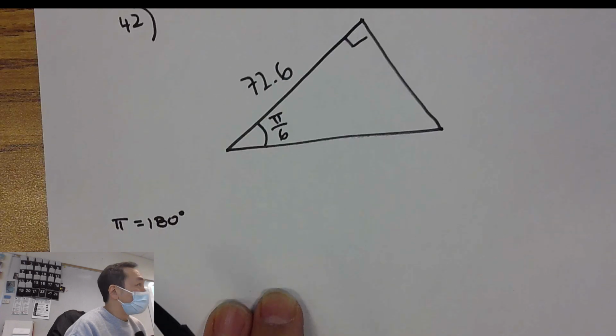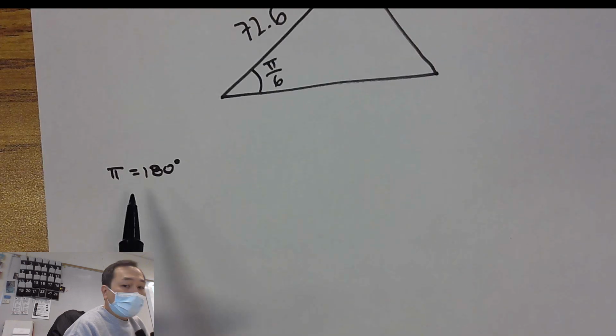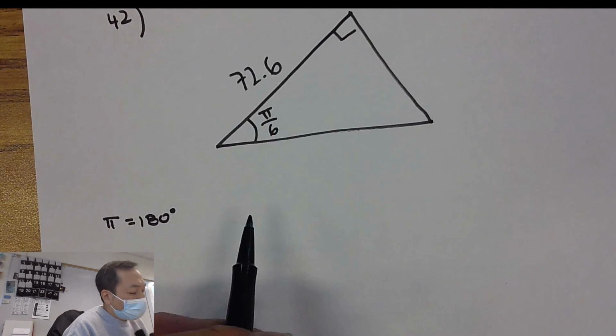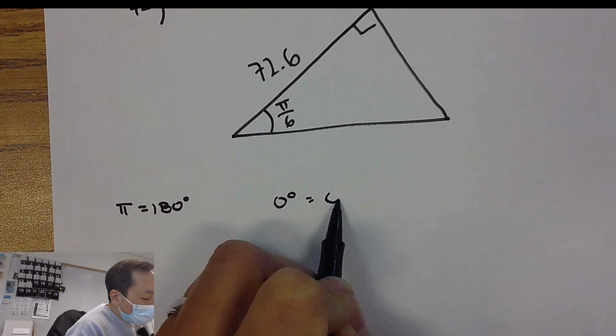Our conversion rate is pi equals 180. Or if you guys remember this, it would be awesome. 0 degrees equals 0 radians.